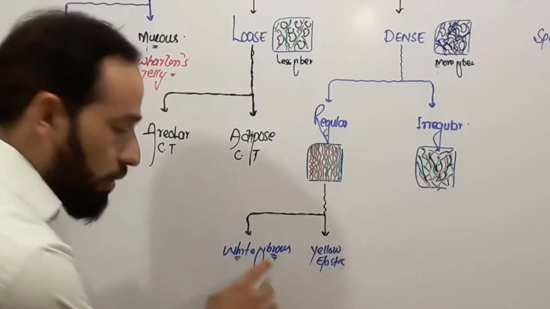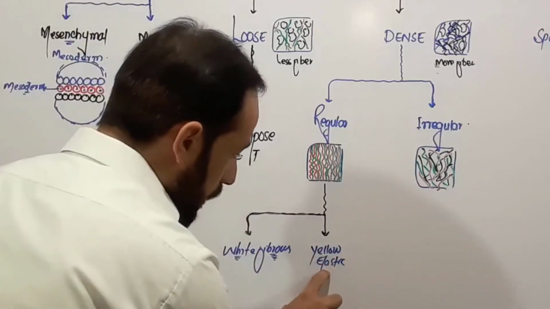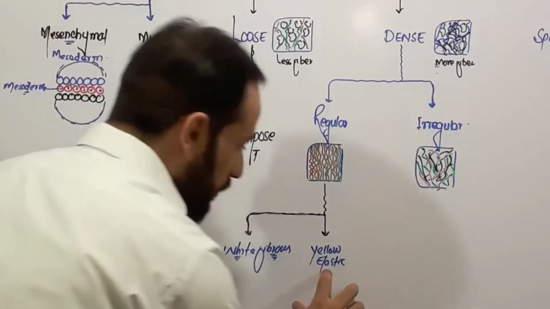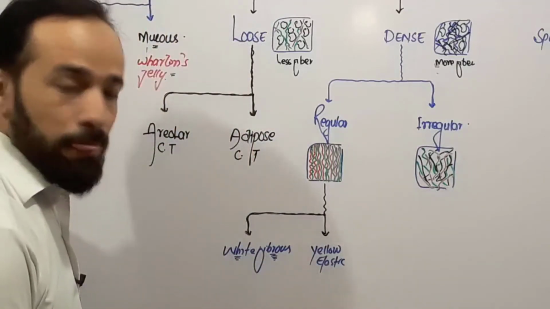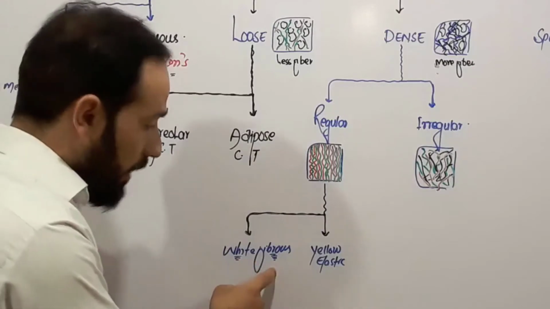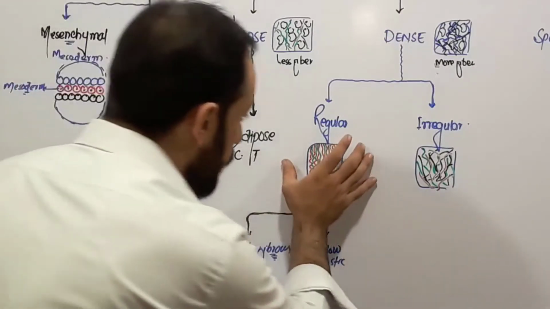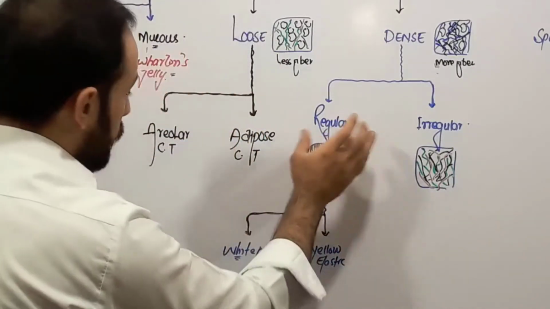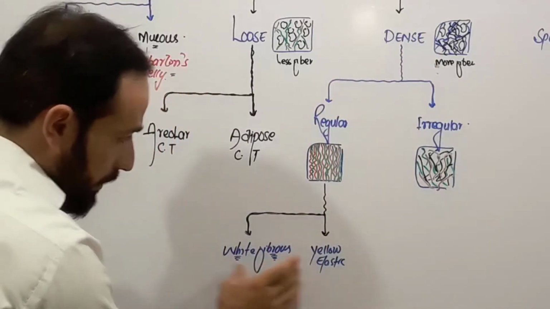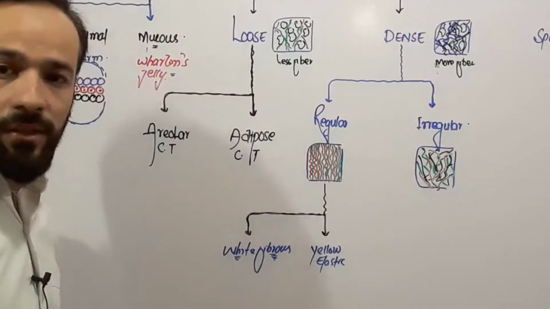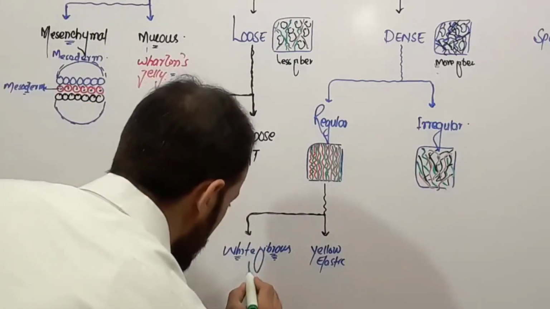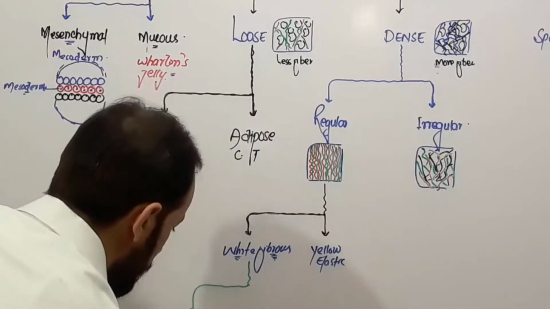It is very strong. But look here, yellow elastic. So it's a little bit elastic. It does not contain lots of fibers. It is dense but less dense than this fibrous tissue, right? So regular dense connective tissue is divided into white fibrous and yellow elastic, right? Now this white fibrous tissue is divided into two types.